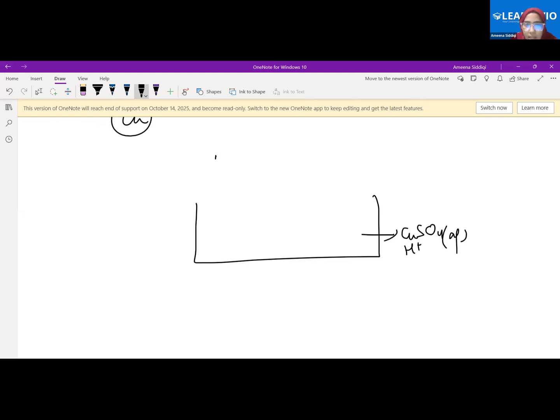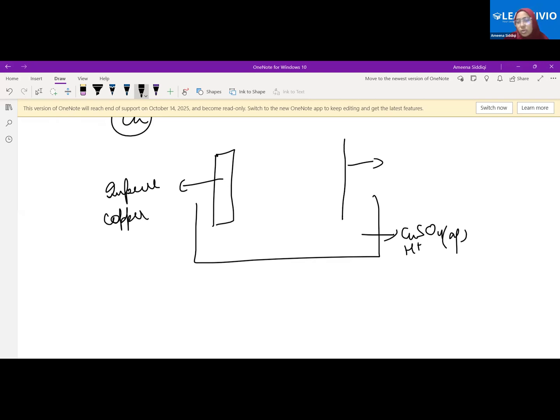What we do, I take the metal that I have gotten here, and that will be the impure copper. Here I will use a very thin part as an electrode. This is already pure copper.